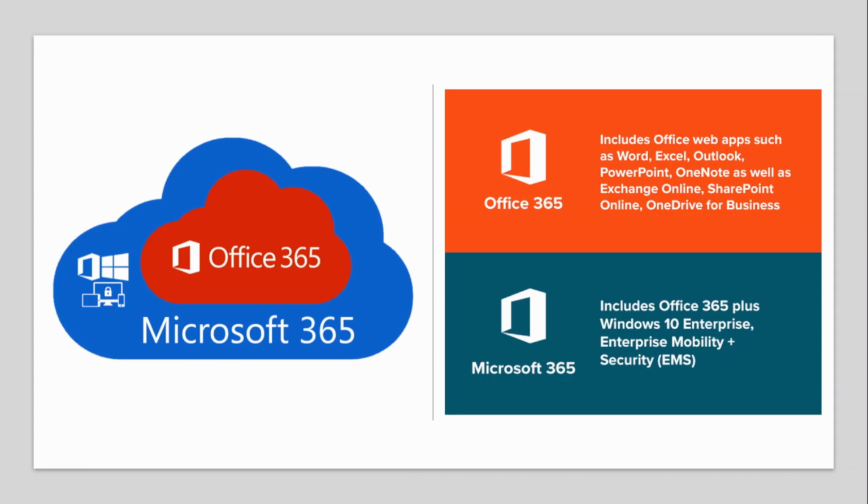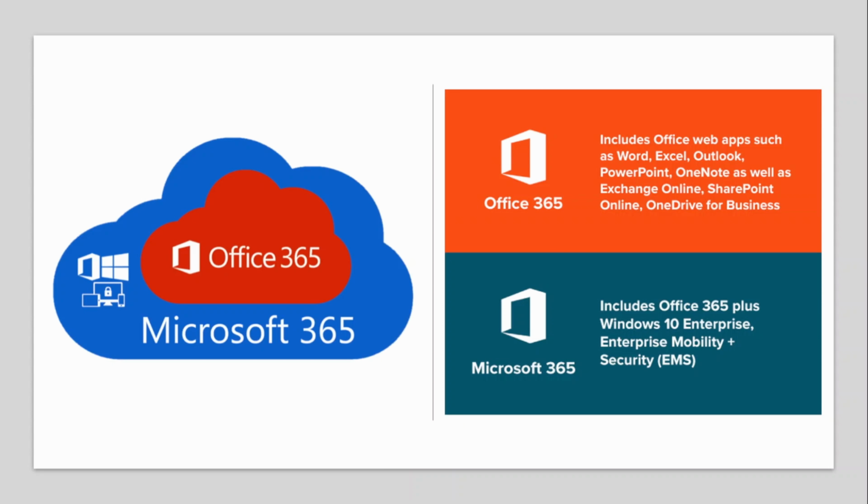This is designed to provide a more integrated and secure experience, extending beyond traditional office productivity tools to address modern workplace challenges. Office 365 is a subset of Microsoft 365.